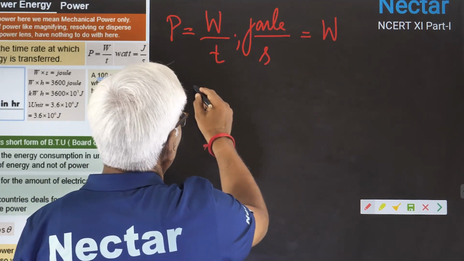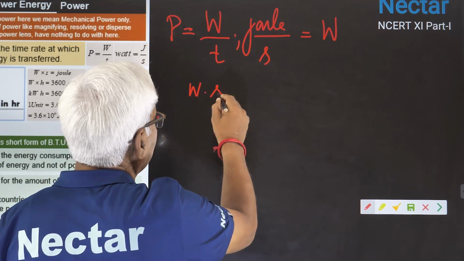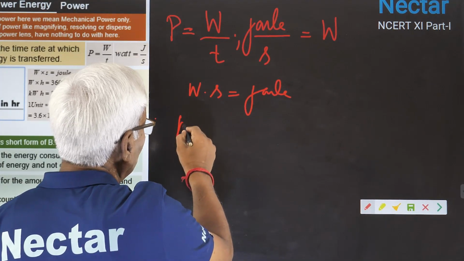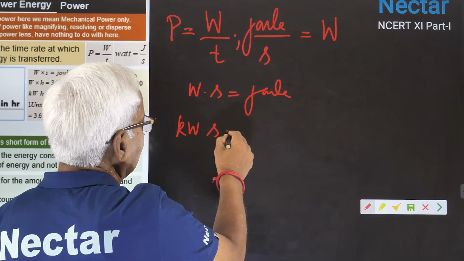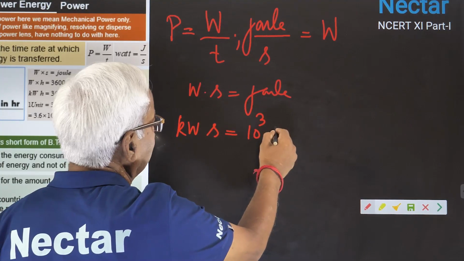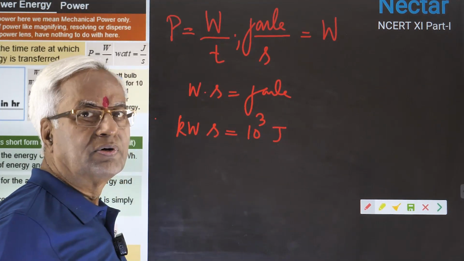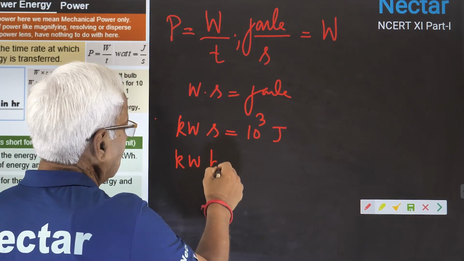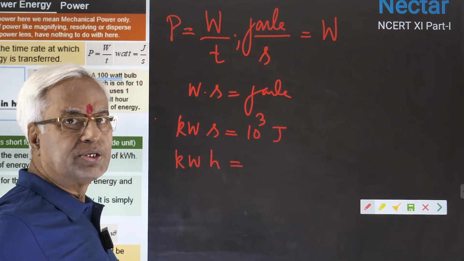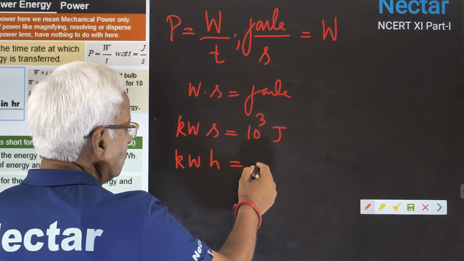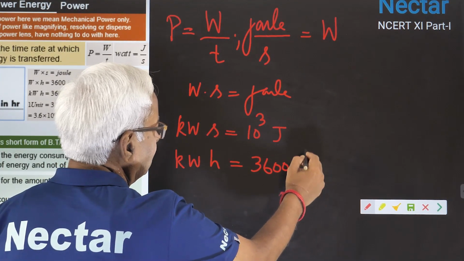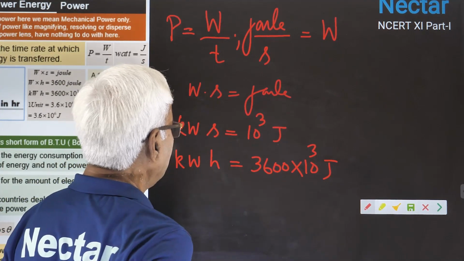You find here watt second is joule. Kilowatt second, that would be 10 to the power of 3 joule. Kilo stands for 1000. Then if you write it kilowatt hour, hour means 3600 second, so it could be multiplied this way.